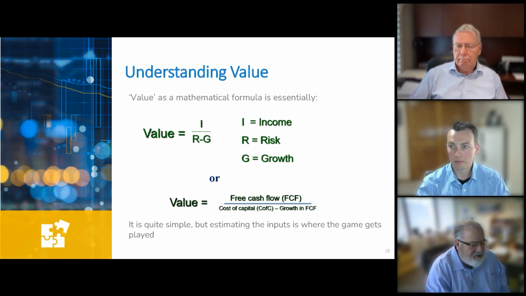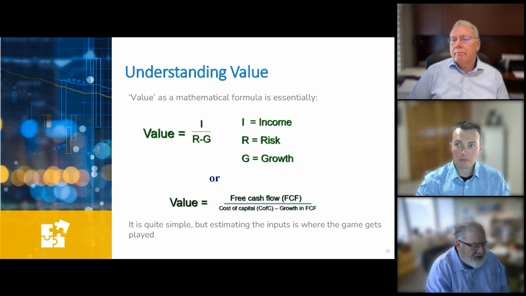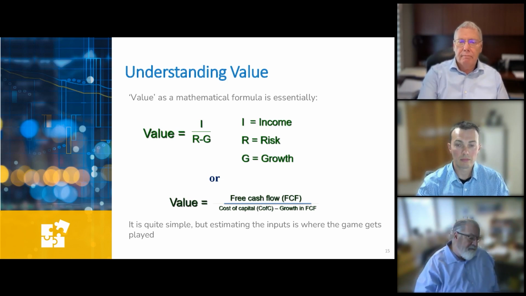We could have a whole part two to this and talk about how you define the free cash flow or the income part of this formula. But this is just something to help articulate and explain cost of capital and how it works in calculating value to folks that aren't as deep into it as our listeners are today.